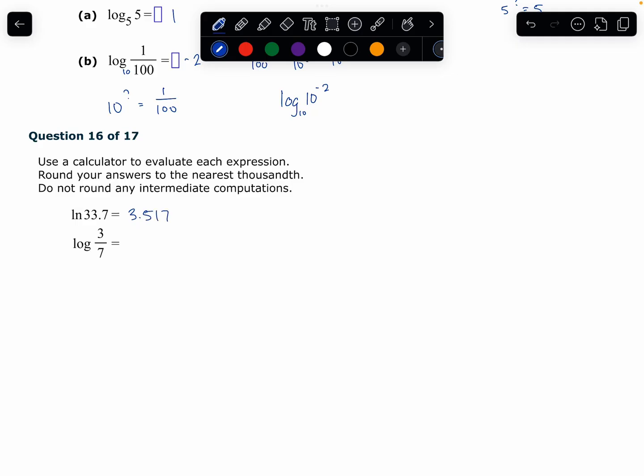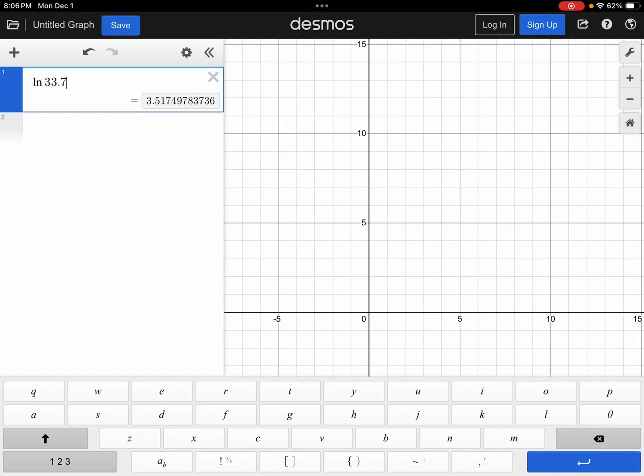Then you have a log of 3 over 7. So you can do the same thing if you're in Desmos. You can just do log, or if you have a calculator, there's a button on calculators that says log. There's also a separate button for natural log, so watch out for that. If you have your own calculator, there's a button for a log, and then there's a button for a natural log.